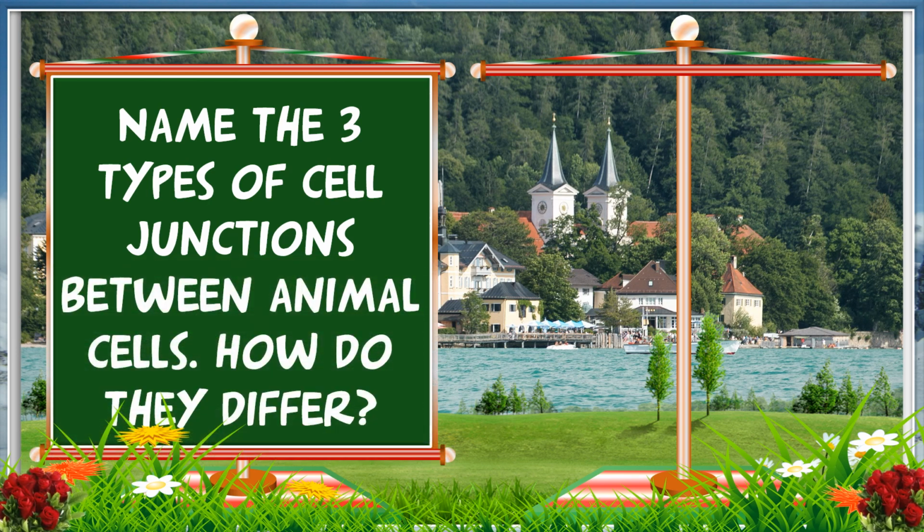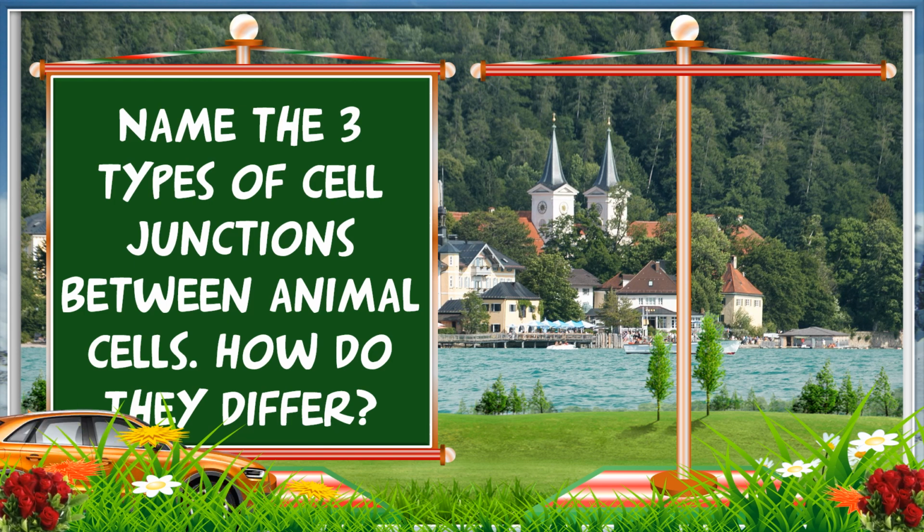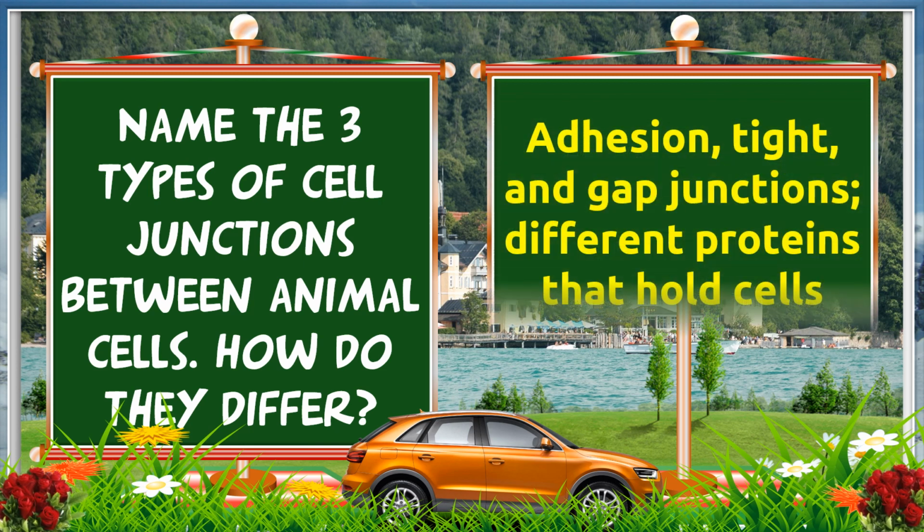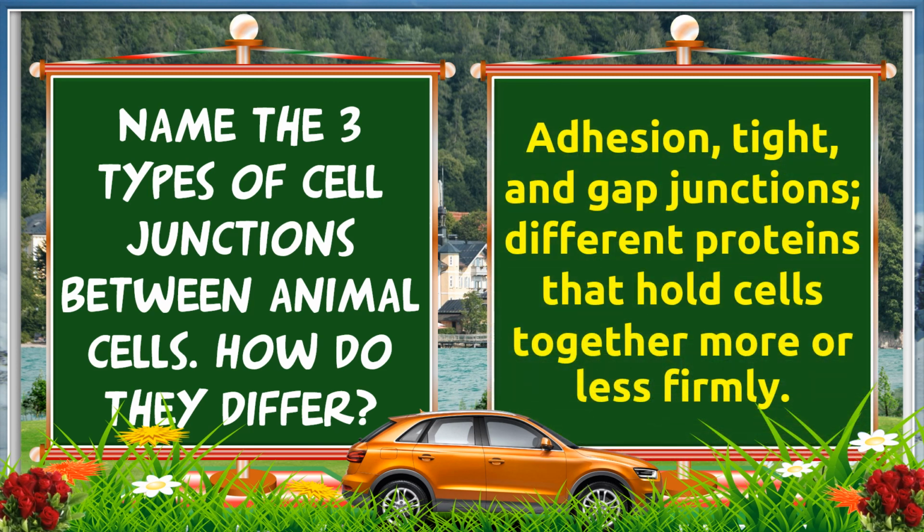Name the three types of cell junctions between animal cells. How do they differ? Adhesion, tight and gap junctions. Different proteins that hold cells together more or less firmly.